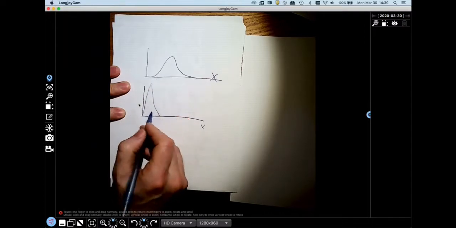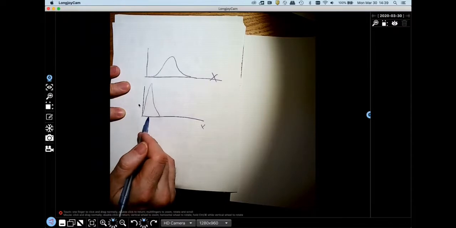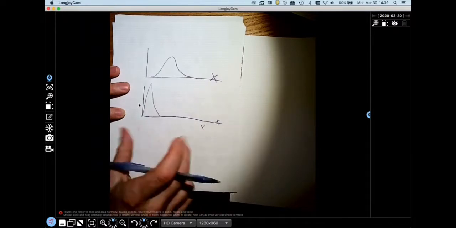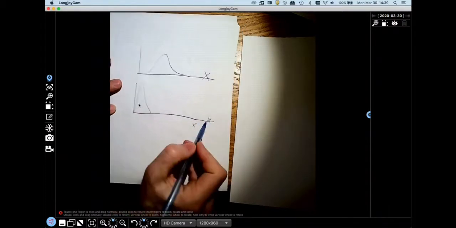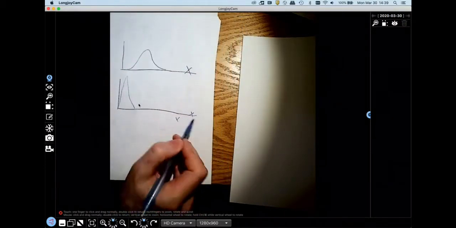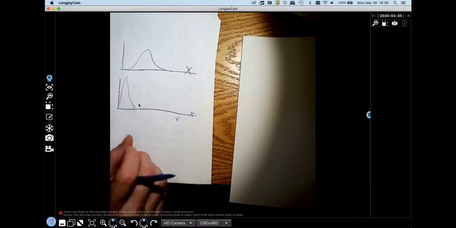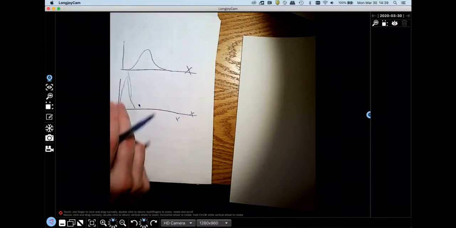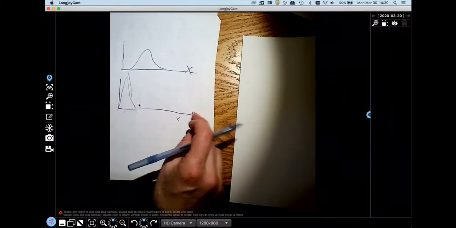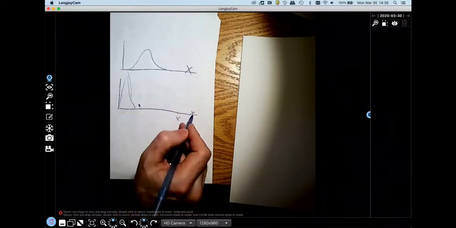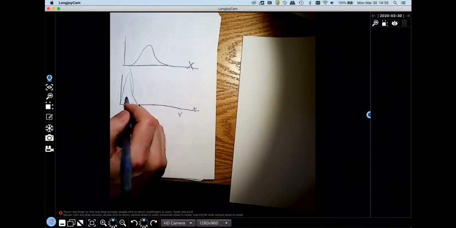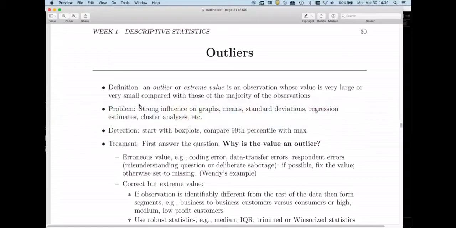And there could be very interesting features down here, but that gets obscured because you have to allot an x-axis to be able to plot this point. That means that 99.9% of your data is sitting in a tiny sliver of the graph, and you're using the vast majority of your graph to show one value, and so you don't get to see the interesting features down here with the vast majority of the data.